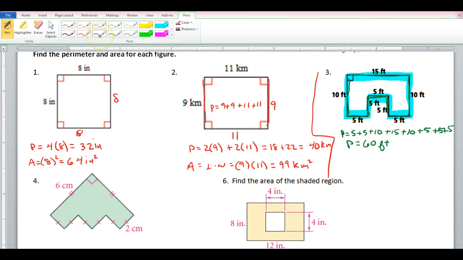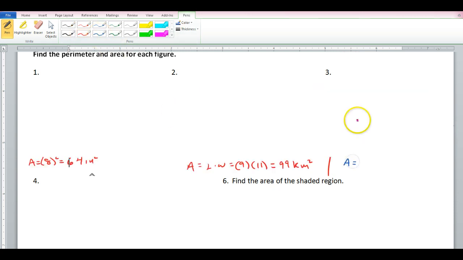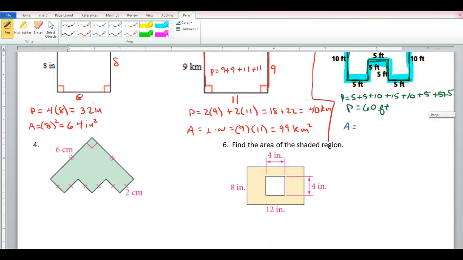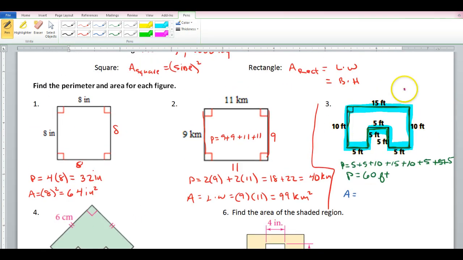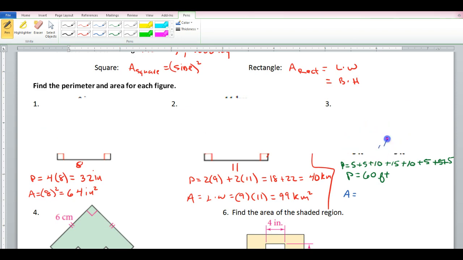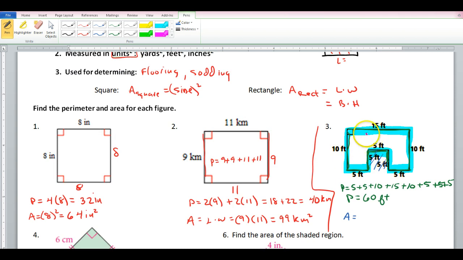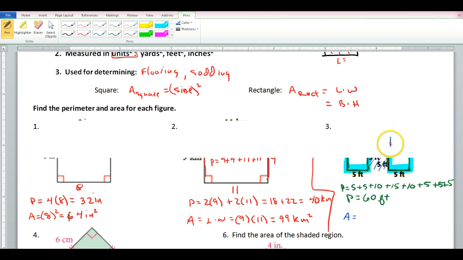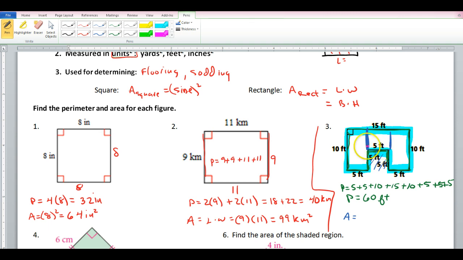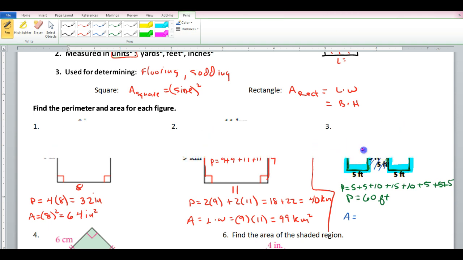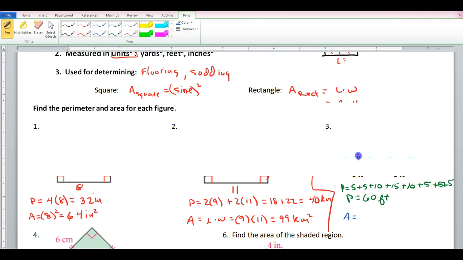To find the area of that object, I think there's 2 ways you can approach it. One, you can find the area of the whole figure and subtract this area here, right? But I think it's sometimes easier just to break it up into a few rectangles. And then I would just find the area of each rectangle, such as this one would be 10 times 5, which gives you 50.